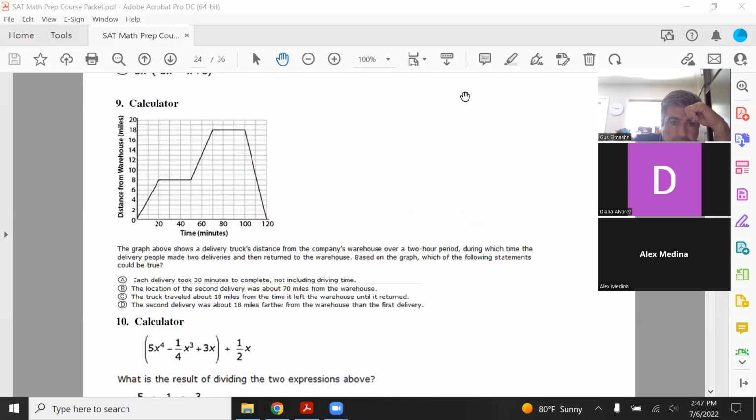9. Each delivery took 30 minutes to complete. So they made 2 deliveries.